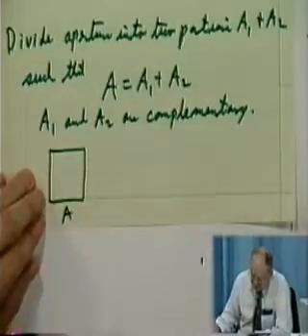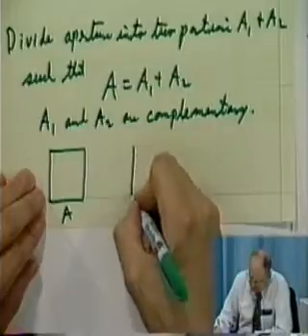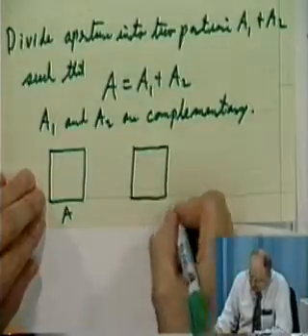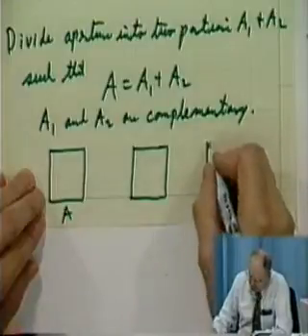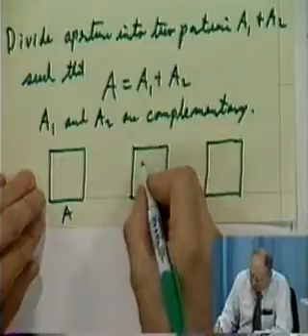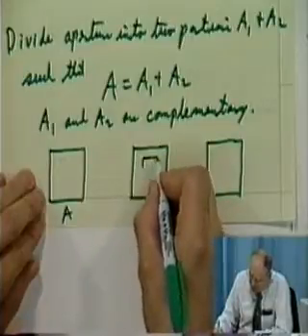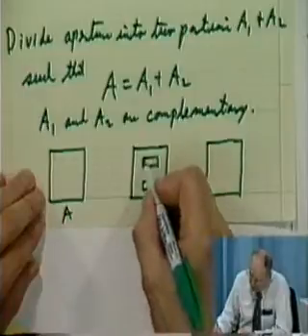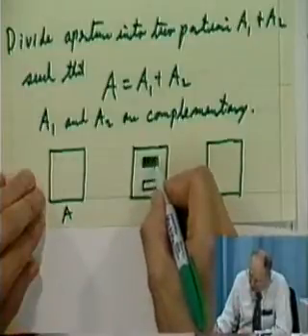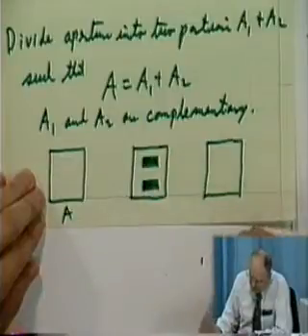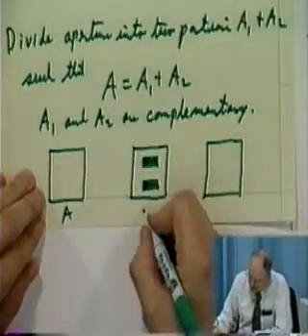This is A. And so let's say that A1 is this portion, where this region here is opaque. And so this is A1.